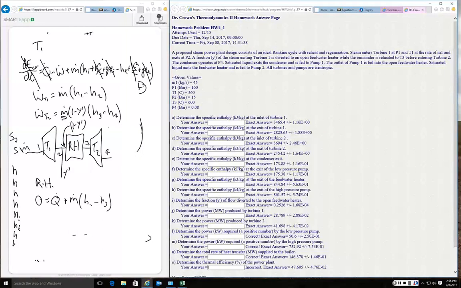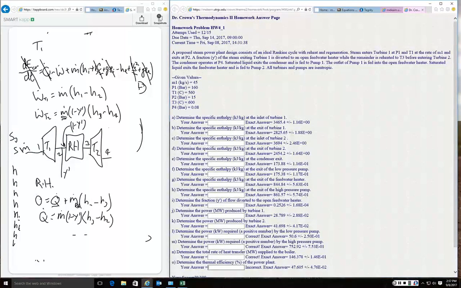If I rearrange things, I can write it as Q dot equals m dot, but this is the m dot through the reheat, which again is our total m dot times 1 minus y prime. So what was left that we didn't remove to the feed water heater. And since I left the Q as positive, I'm going to switch the h2 and h3, so h3 minus h2, since they're now on different sides of the equation. So that's my general equation for the reheat.